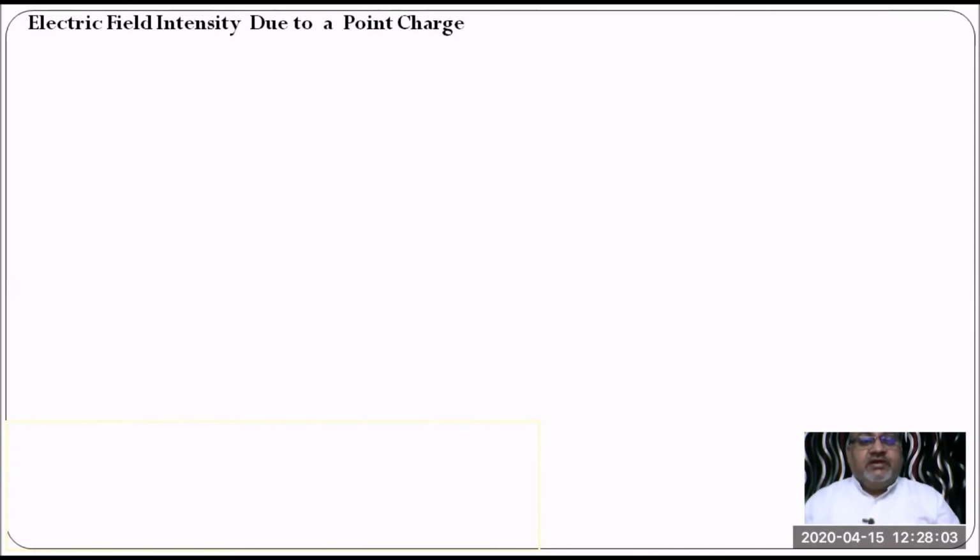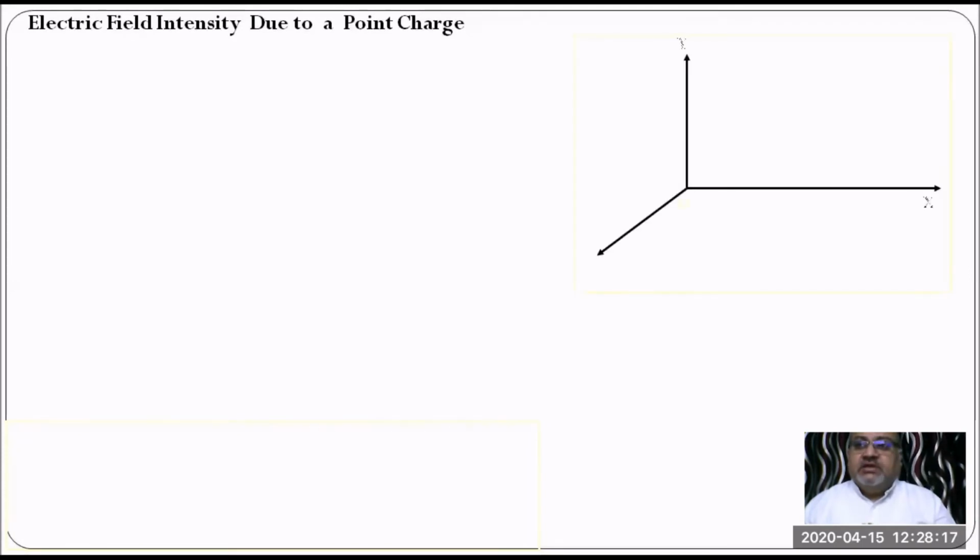So we move further to mathematical expressions. Let us calculate the electric field due to a point charge. Now some mathematics is involved, very simple mathematics. See, these are three axes: X-axis, Y-axis and Z-axis.